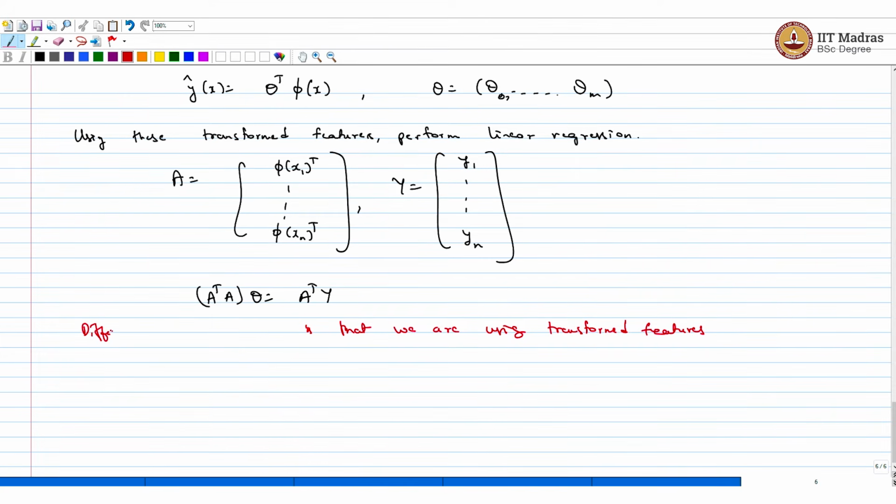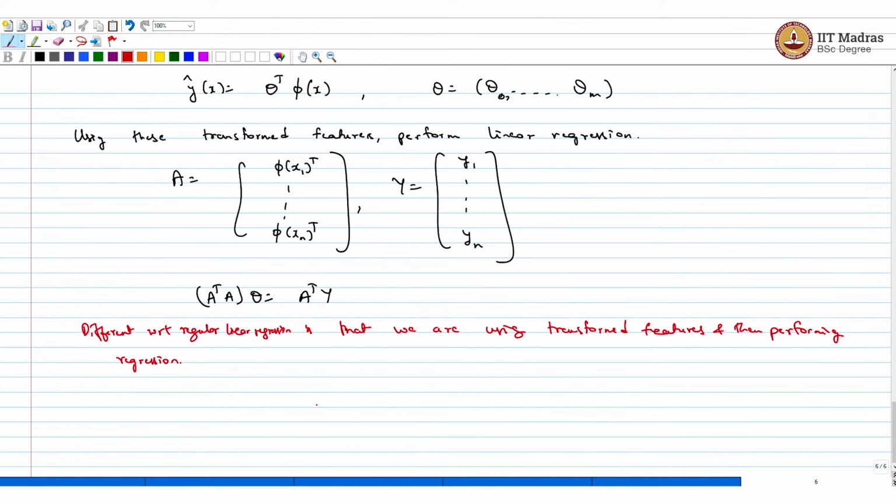The difference with respect to regular linear regression is that we are transforming the features and then performing regression. That is the only difference. The transformed features come in this matrix A. So that is transformation for you.